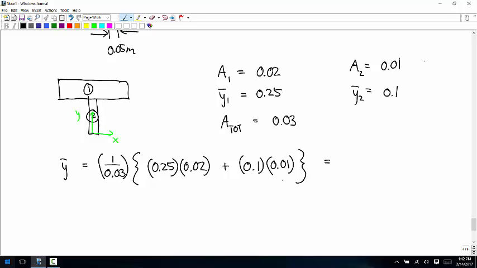And if you do that calculation, you get 0.2. X bar is 0 just because of the symmetry. So x bar, y bar, the coordinates of the centroid of this whole thing is 0 and 0.2. Any questions about that one?